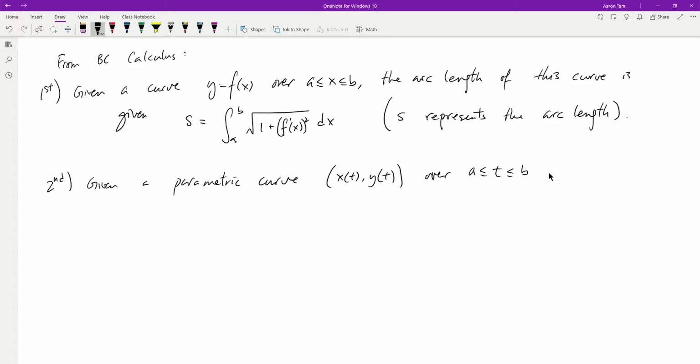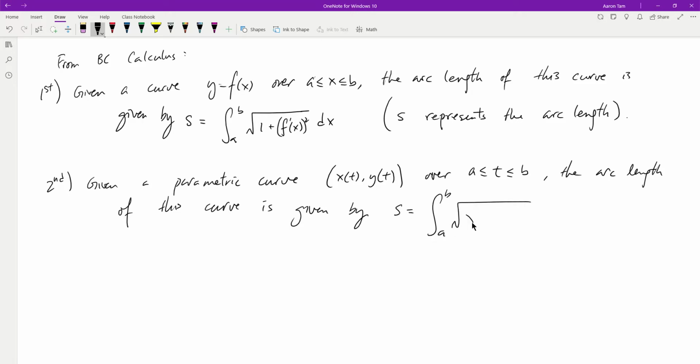Then the arc length of this curve is given by the formula S equal to the integral from a to b of the square root of x prime of t squared plus y prime of t squared dt.